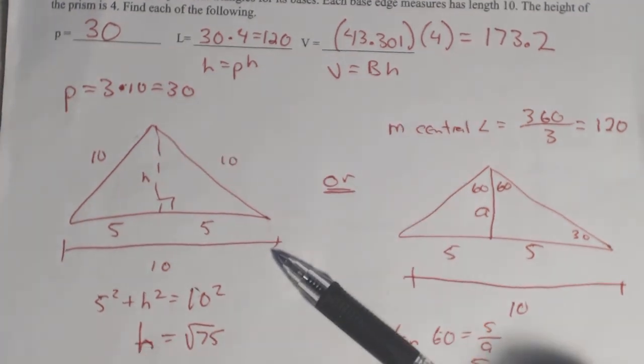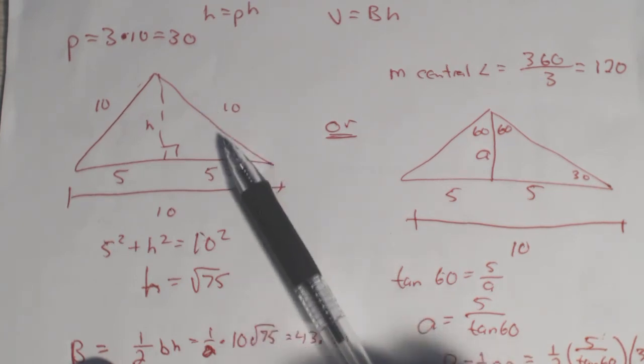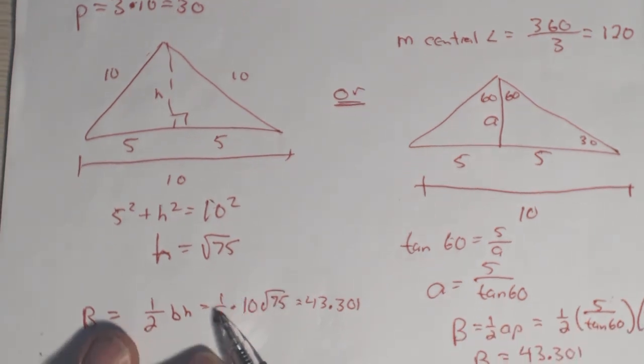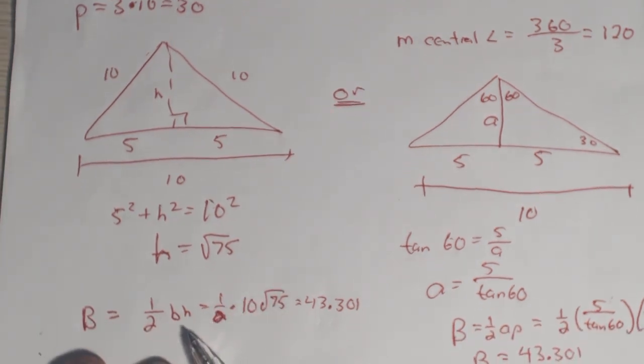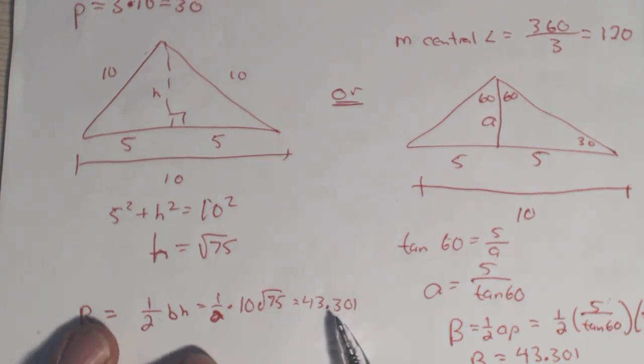Now there are 2 ways to get the area of the base. Over here, this is the entire base. You could use the Pythagorean theorem to find the height of that triangle at root 75. Then by the triangle formula, the area of the base would be 1/2 base times height, which is 1/2 of 10 times root 75, which works out to be 43.301.